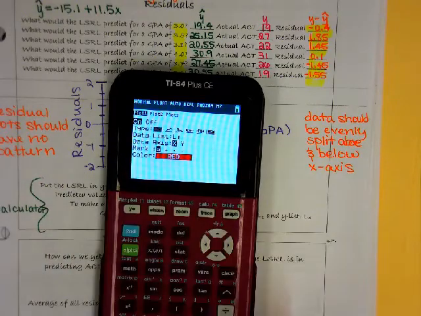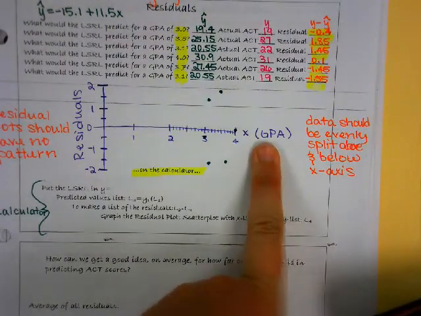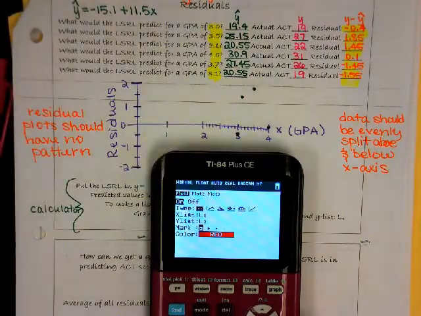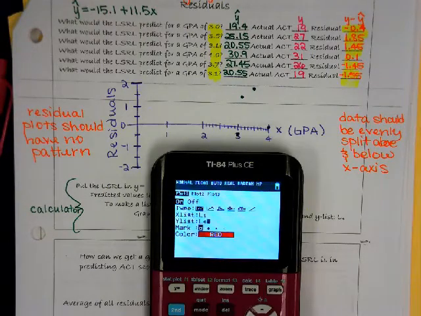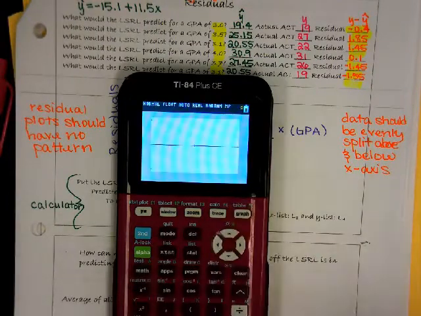And then our y is going to be our residuals, which is list 4. So I'm going to have list 1 and list 4. When I hit graph, I don't get anything, so I hit zoom 9. Didn't do it. Zoom 9. There we go. And there is my residual plot.